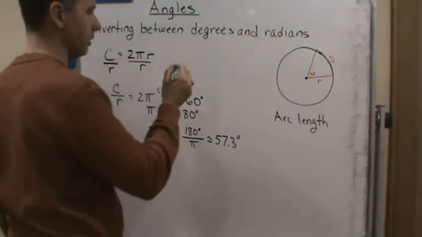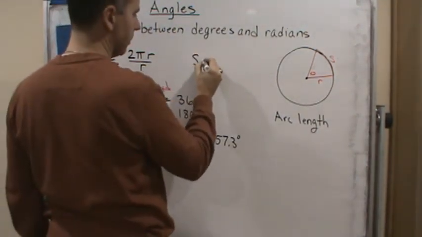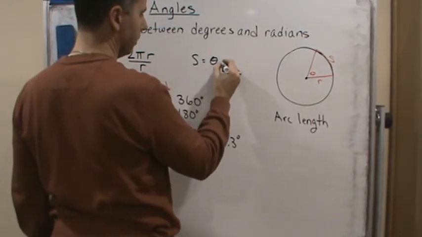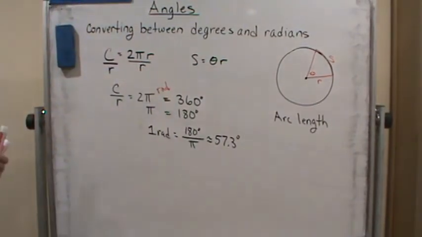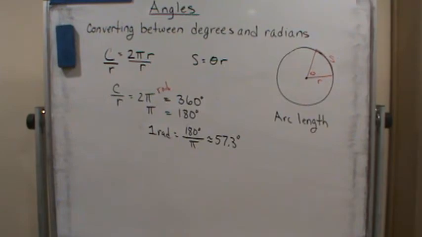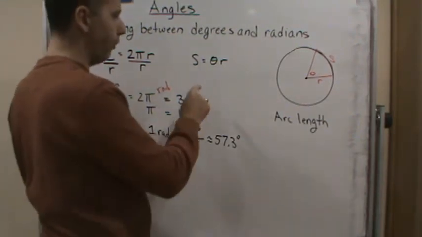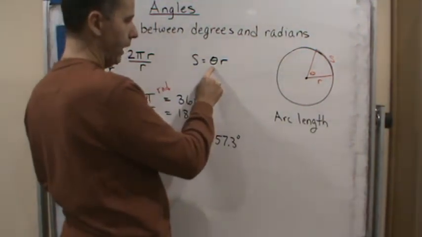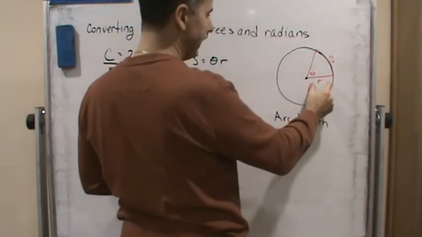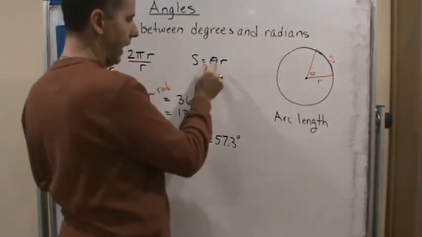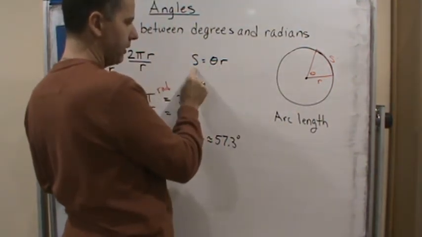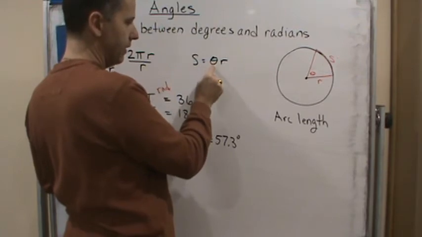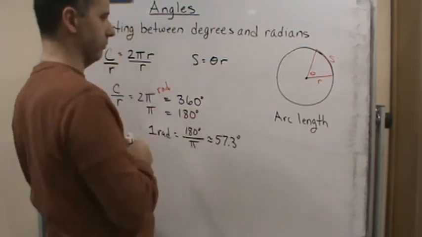And it turns out that S is equal to theta times R. Again, if we know the radius and we know the angle, then the arc length is going to be that angle times the radius.